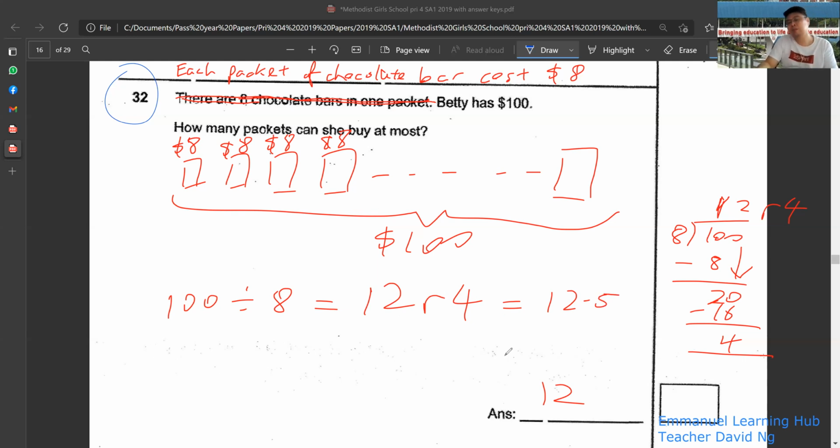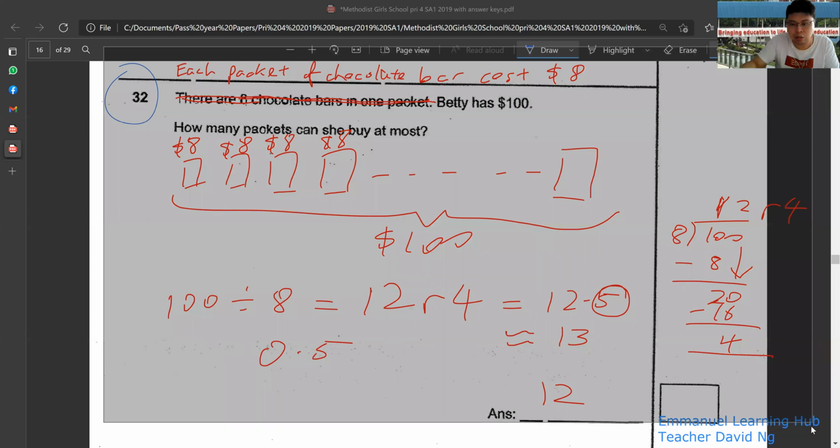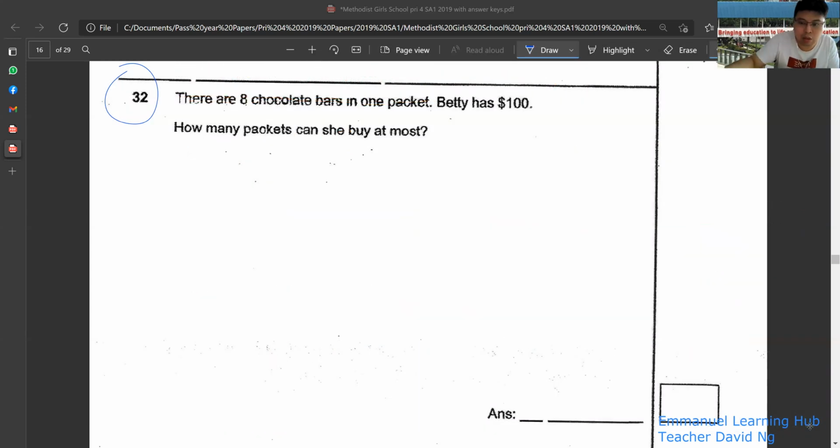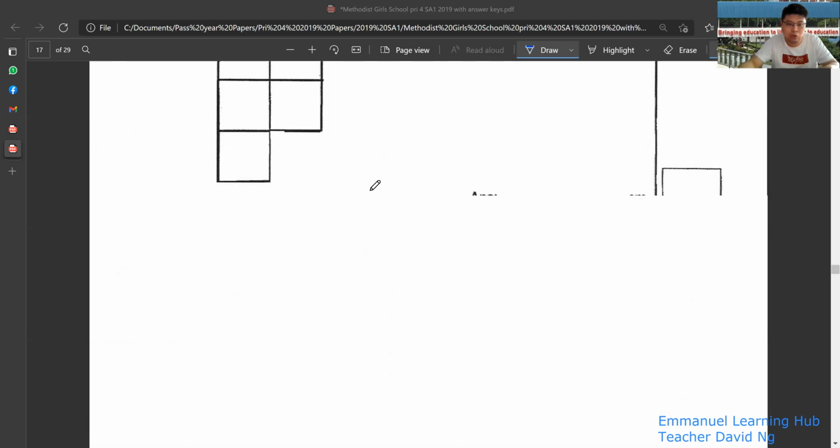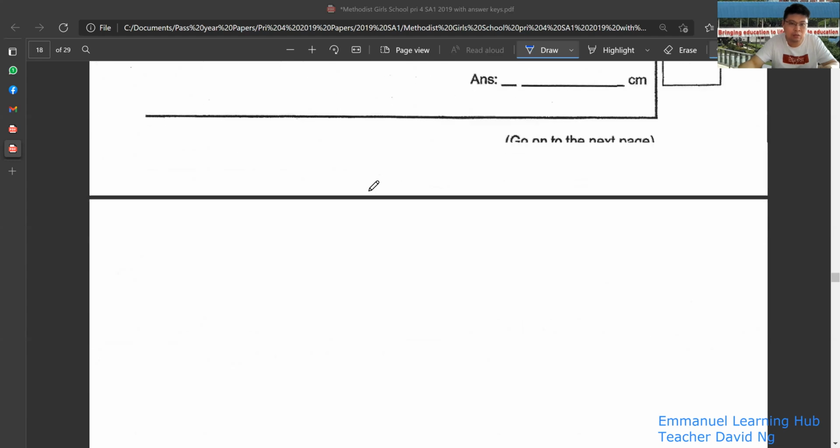A student might round up to 13 because they see 5 here, but you don't round up because you don't have a 0.5 chocolate bar. You can't buy half a chocolate bar, because at most you can only buy 12. Okay, this one is correct. Very good.